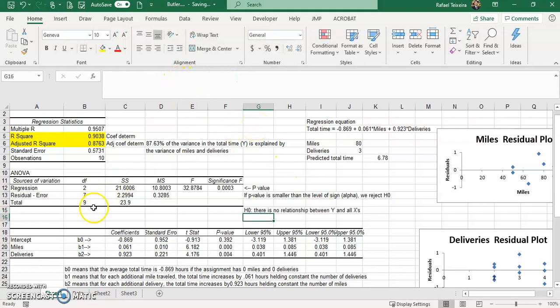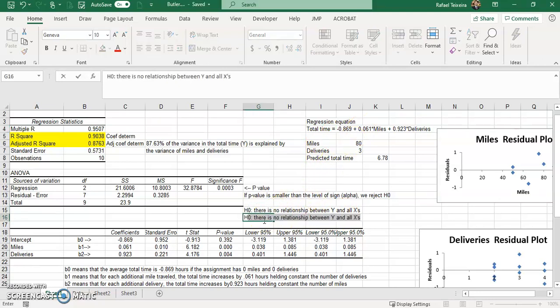In this case, we can interpret the dependent variable as the total time and the independent variables as miles and deliveries. So there's no relationship between total travel time and miles and deliveries. What is the alternative hypothesis? So the alternative hypothesis is that there is a relationship between y and all x's.